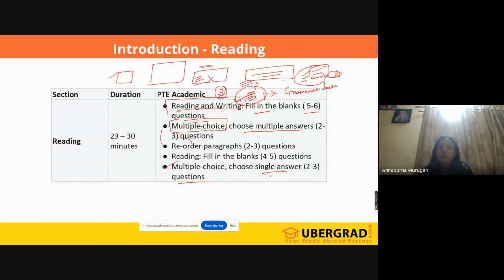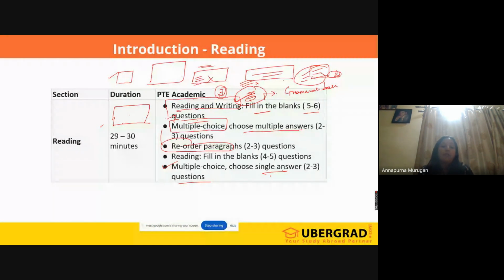Now, one more different type of question that you can get is the jumbled sentences. You will have a few sentences which are jumbled, and you need to rearrange them in such an order that they build into a proper paragraph. You will have 2 to 3 questions like that.